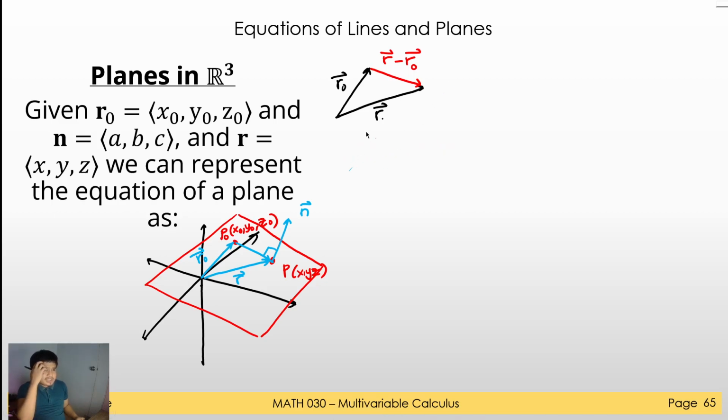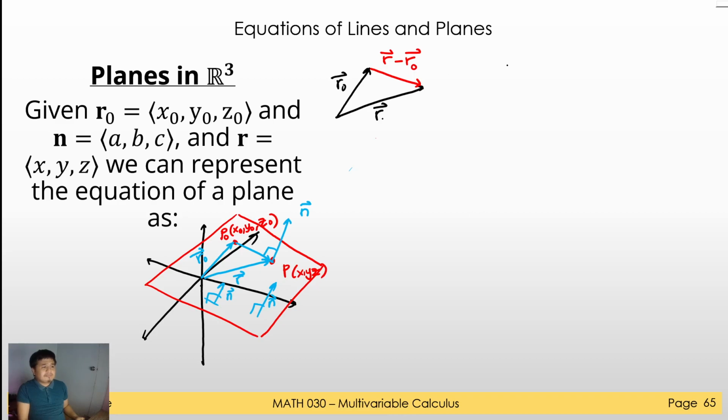So what is the significance of this? Why do we need to find this? Because this vector r minus r sub 0 is perpendicular, or orthogonal, to the vector n, which is a property of a plane wherein n is always there at any point. Creating this relationship, we know that this is 90 degrees.